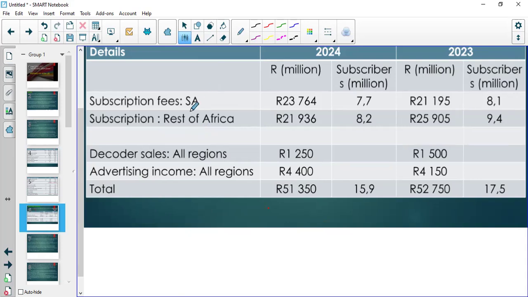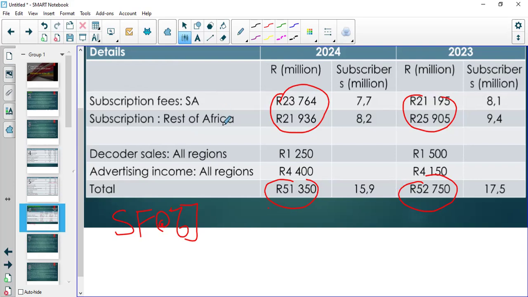So I can look at subscription fee as a percentage of total revenue, all right? Because this is my subscription fee as a percentage of total revenue. And then my total is this one. So I can see whether there was a change or not. So there's a lot of things that we can look at.